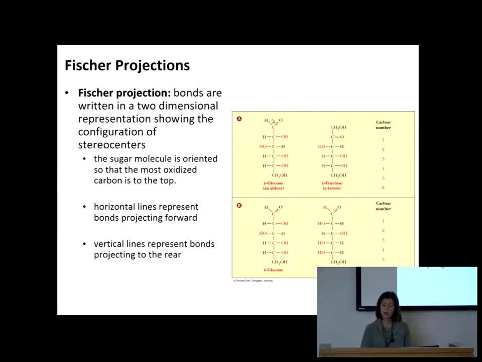Most of the time we use the Fischer projection for the open chain and the Haworth for the closed chain, but the Fischer projection for the closed chain would have a line from here all the way up there. But it's the Haworth projection that shows it as the ring structure.